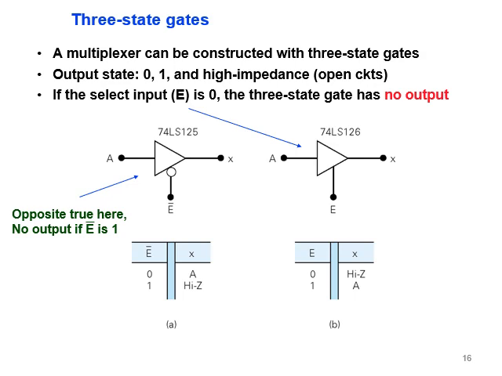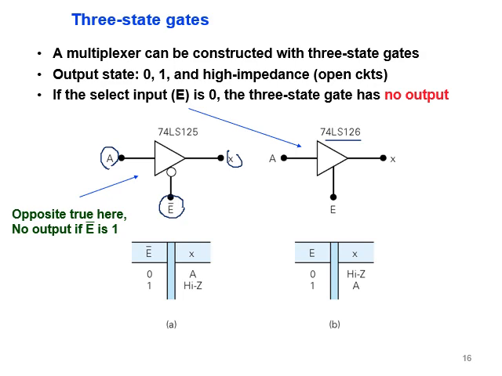Now the 3-state gate. The 3-state gate is another way to construct the multiplexer. It's represented by this device. As you can see here, A input, X output, and here we control E. What is the value of E? I tell you it decides the value of the output. As an example, by the way, this is the code, you can Google it to find its specifications and availability in the market.